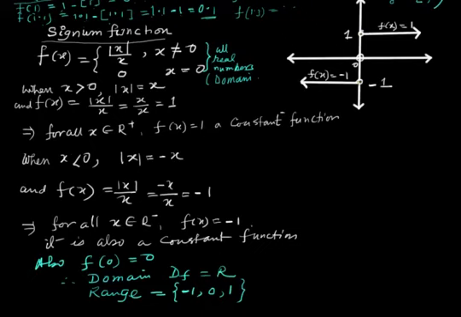Here f(x) is defined in two parts: mod x by x when x is not equal to 0, and 0 when x equals 0. Actually all values from 0 to infinity and from minus infinity to 0 are covered by mod x by x, and at 0 it is defined as 0, because if you put x equal to 0 here, it would be undefined.